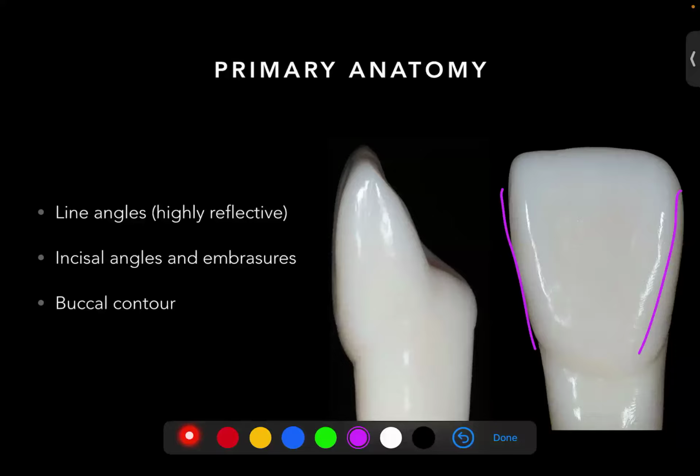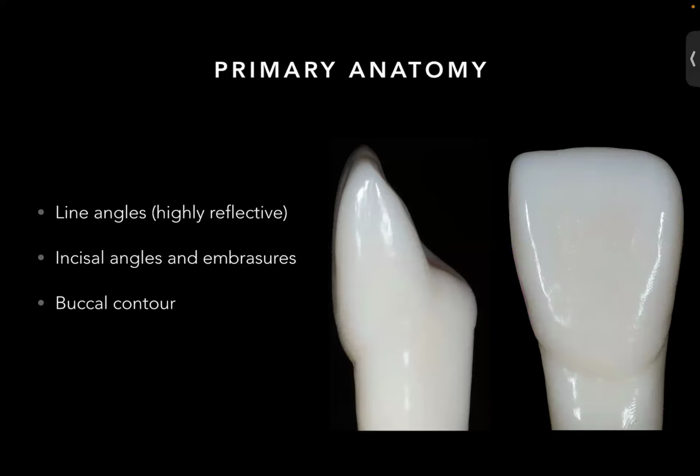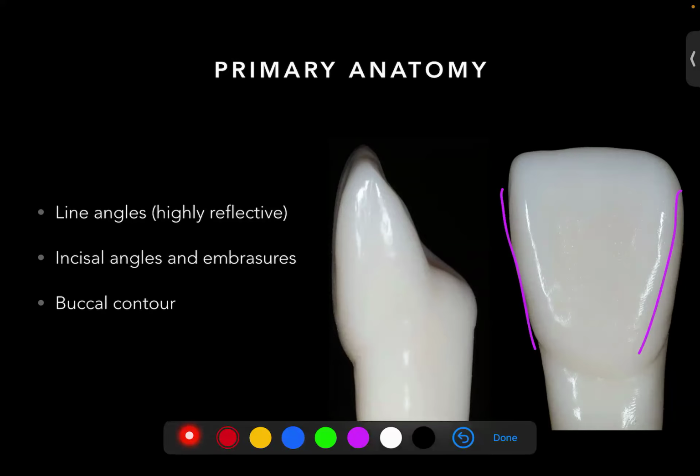Then you have incisal angles, which is this and this, and embrasures, which are between the two teeth, and obviously the buccal contour. This is the primary anatomy, basically the form and shape of your tooth.